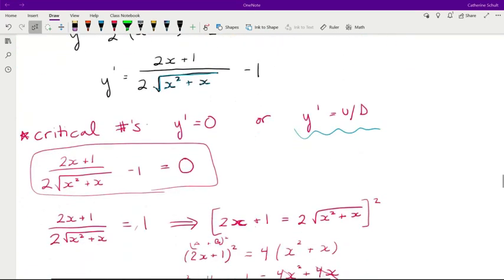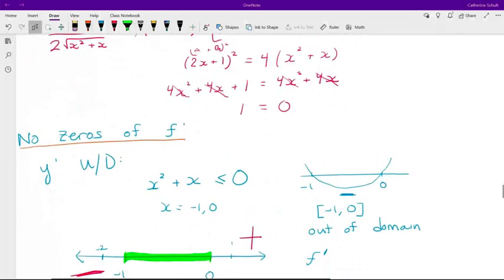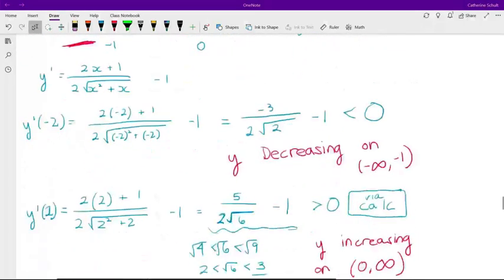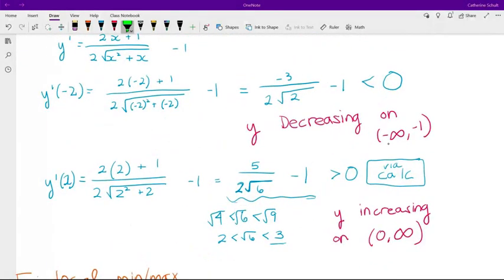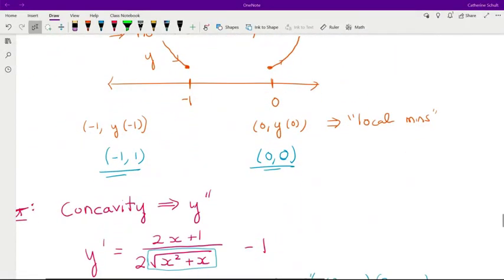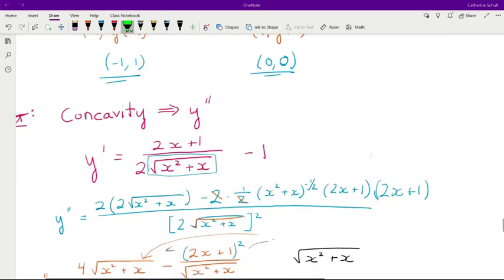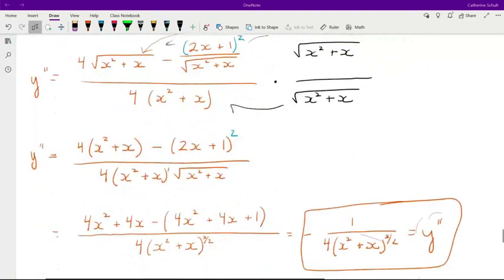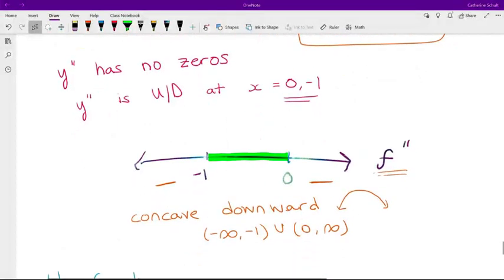Then the increasing/decreasing test: decreasing between -1 and -infinity, increasing on 0 to infinity. Local mins and maxes, we just have these 2 points behaving like the local mins and maxes at the endpoints of the domain. So we're going to make sure -1, 1 is on the graph and 0, 0. And then finally, concavity, we just discovered that we're concave down on the domain.